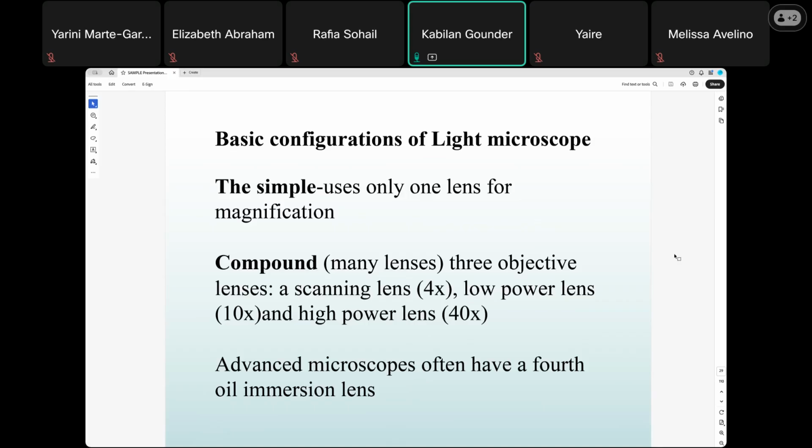If you have a lower magnification, you can see the entire area of the sample. Whereas if you use a higher power, for example 20x, 50x, or 100x, then you will get more detailed information, but the area of viewing is reduced.